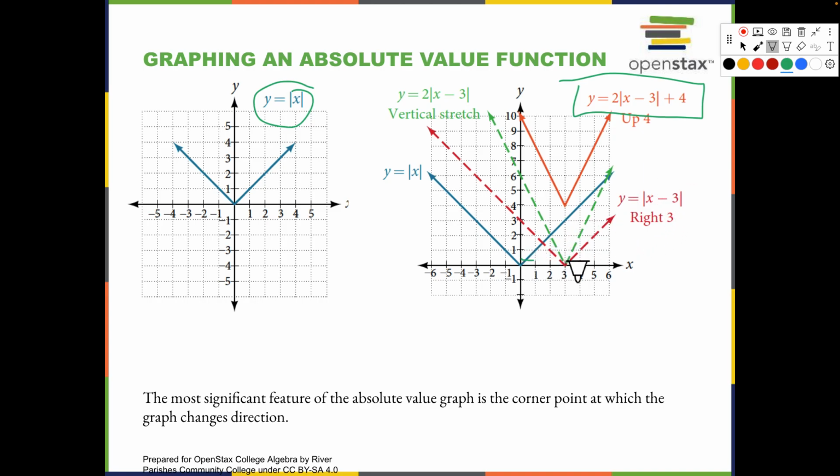They subtracted 3, so they moved it to the right 3. They did the vertical stretch. That gave them the green one, and then they finally moved it up 4. So kind of following order of operations, you can draw that new one. But a lot of times if you can just graph them on the same axes, use your graphing tools, they'll help you see what's going on.